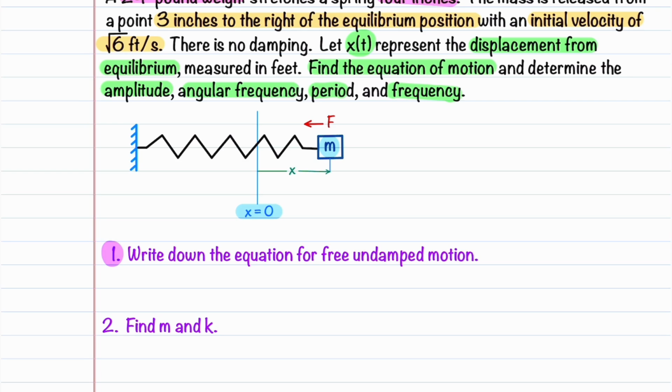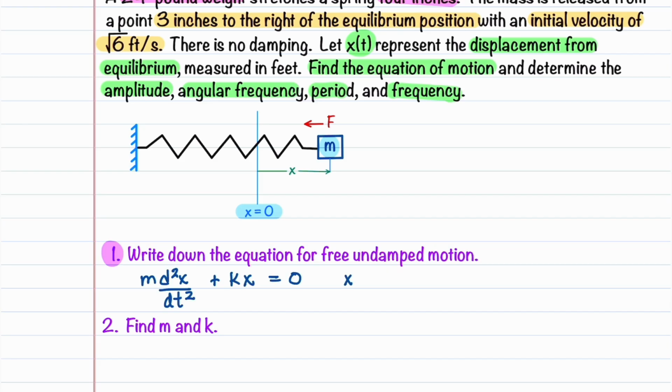We're going to start by writing down the equation for free undamped motion. That equation is m d squared x dt squared, that's just the acceleration of the mass, plus k times x, that's due to the spring, and that's equal to 0.